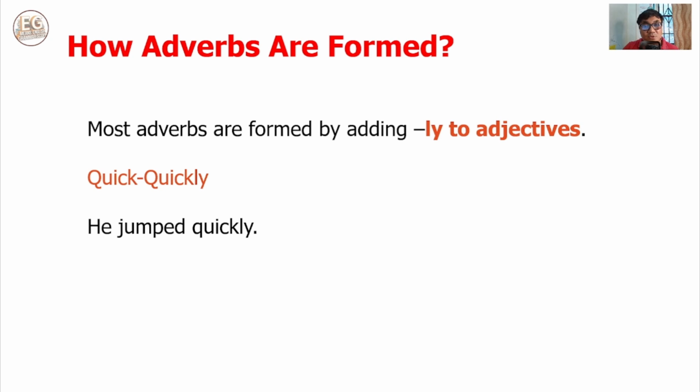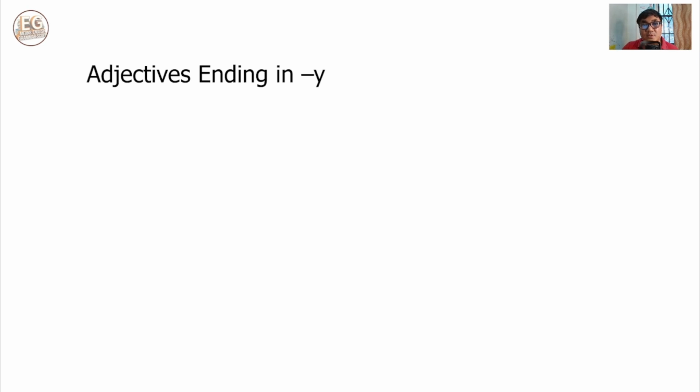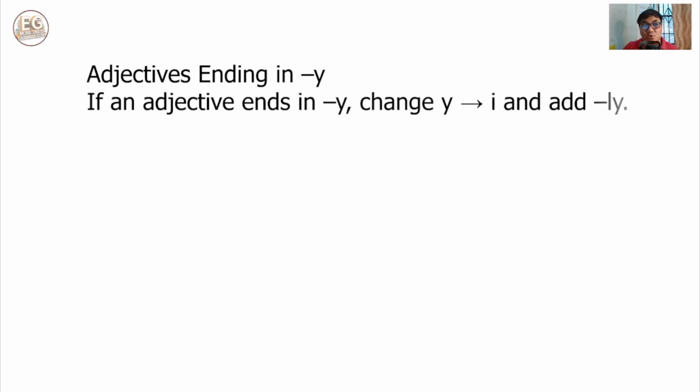He jumped quickly in this sentence. If I say another one, soft becomes softly. She speaks softly. But there are other ways of forming an adverb. Adjective ending in y. Yes. An adjective that ends with the letter y. How do we form the adverb?